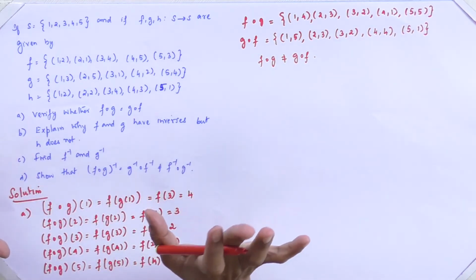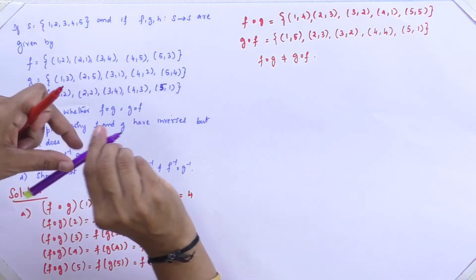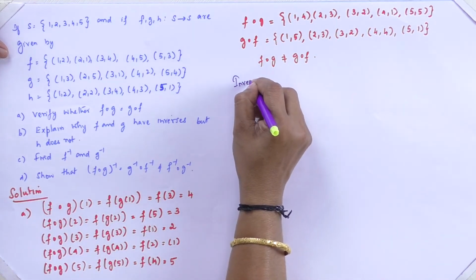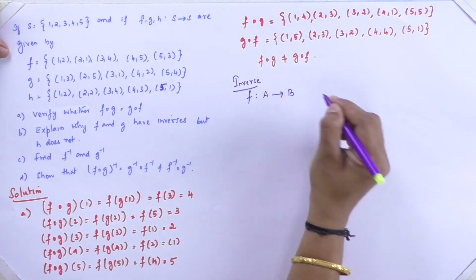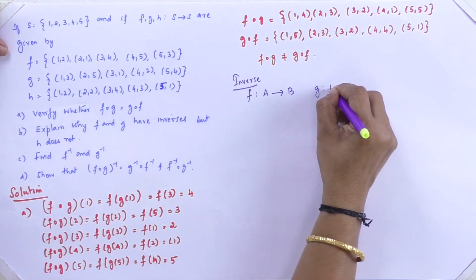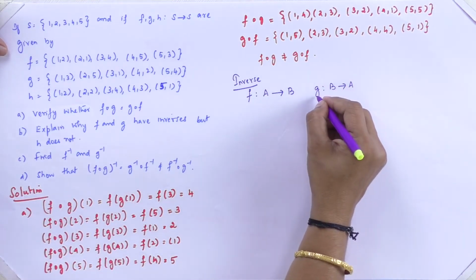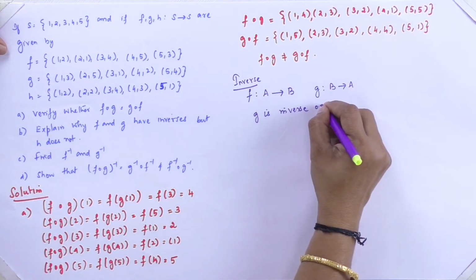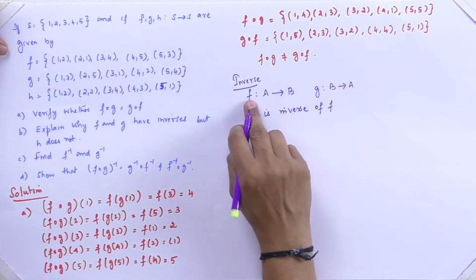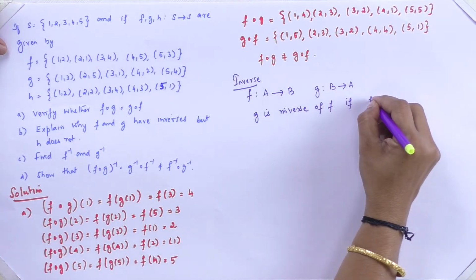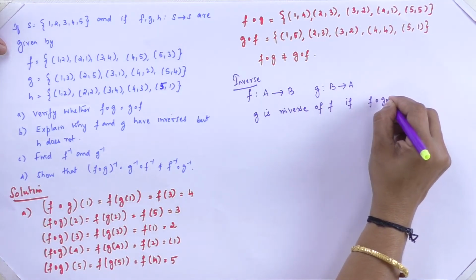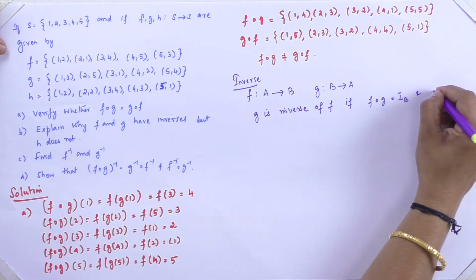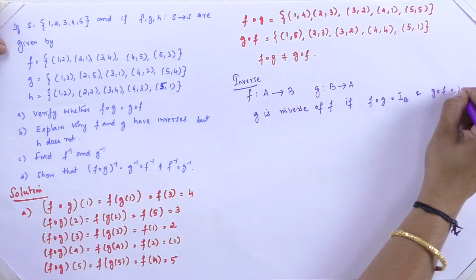Before that we will have to see what an inverse function is. The inverse function says that let F be a function from A to B and G be a function from B to A. Then G is called the inverse of the function F if it satisfies the condition G composition F is equal to IB, and F composition G is equal to IA.